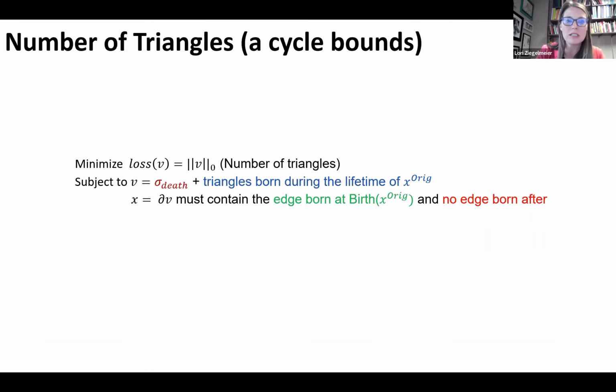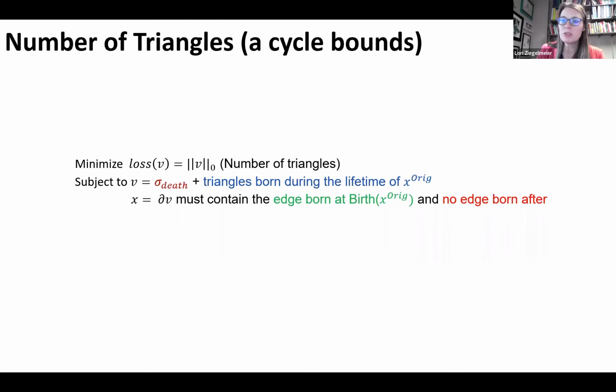Now we're going to move on to some triangle approaches. Here we're going to take V, which we can think of as a volume, or in our case, since we're considering one cycles, an area that is enclosed by our cycle representative. The solution X will be the boundary of this volume, the boundary of this two chain.